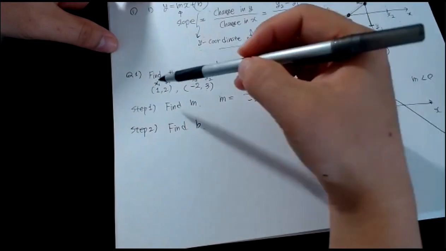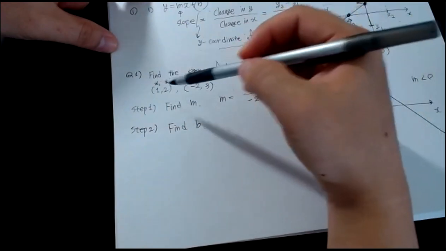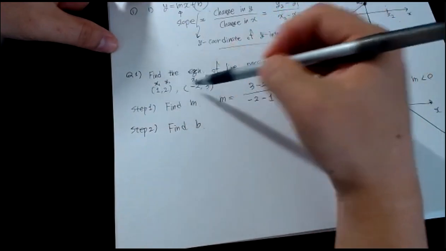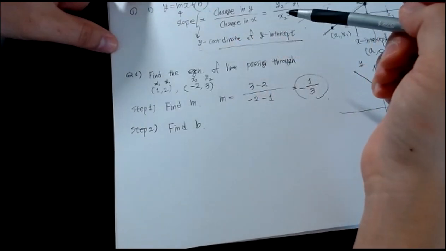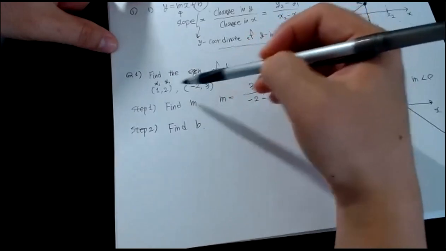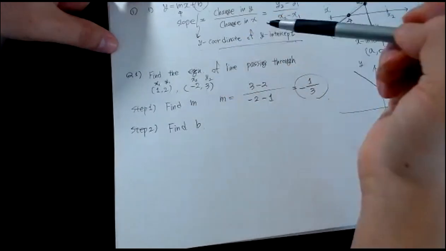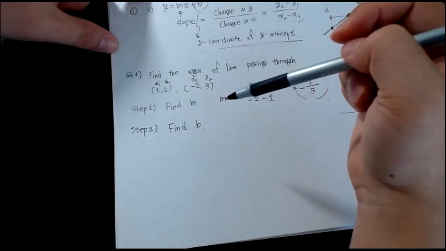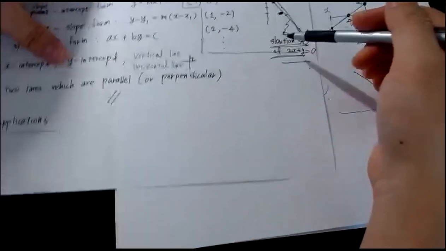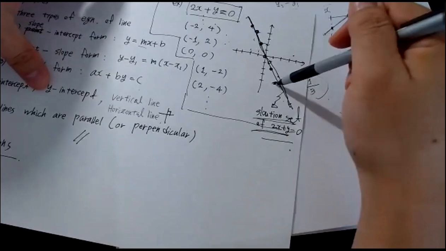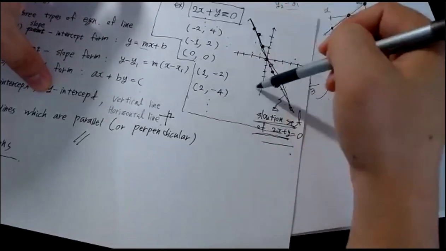Because since those 2 points lie on the line, the 2 ordered pairs must be solutions of the equation of the line. I told you, remember that here. So keep this in mind. If you don't remember what I said here, please watch the previous lecture video.